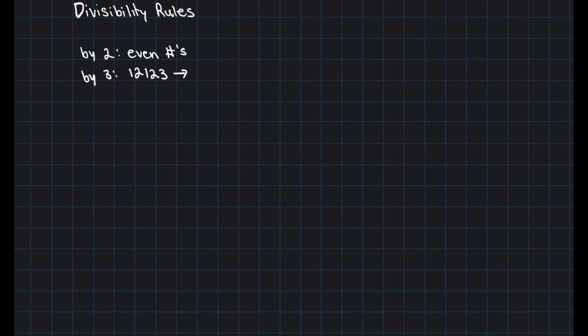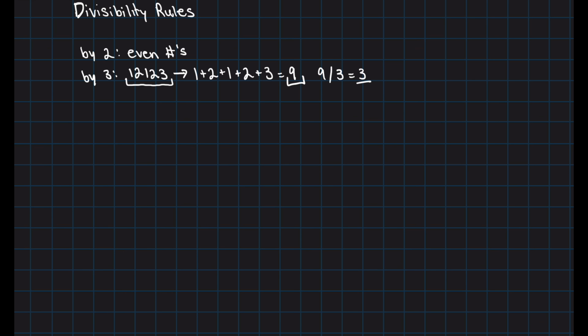And that is if you add up all the individual digits in that whole number and the sum is divisible by 3, then that entire number will also be divisible by 3. So then we have 1 plus 2 plus 1 plus 2 plus 3, and that gives us 9. And obviously we know that 9 is divisible by 3 because 9 divided by 3 is 3. So because 9 is divisible by 3, 12,123 is also divisible by 3.